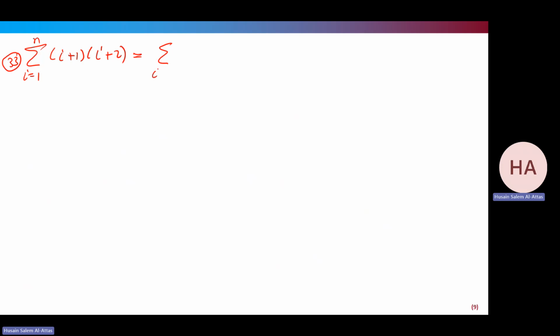That will be what? Summation. First, I will do the calculation: i squared plus 3i plus 2. Then I just distribute the summation: summation of i squared plus 3, like what we did before, of i, plus summation of 2.